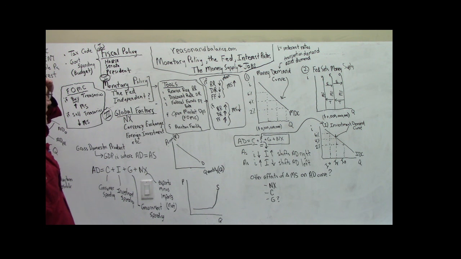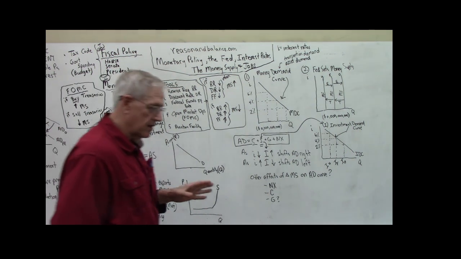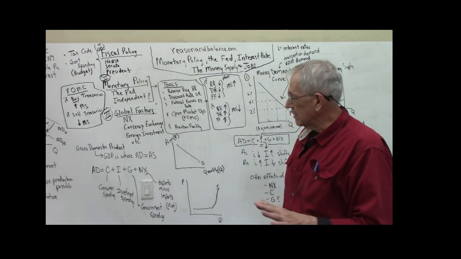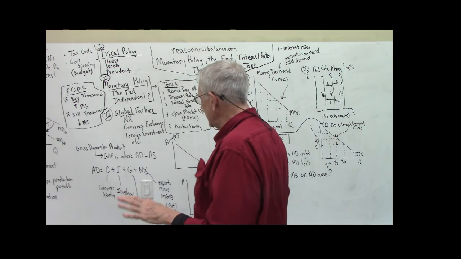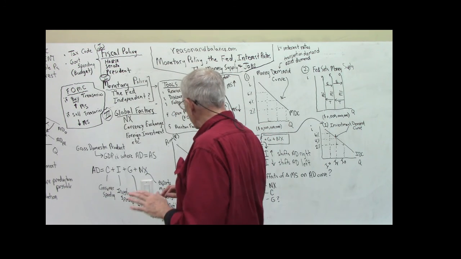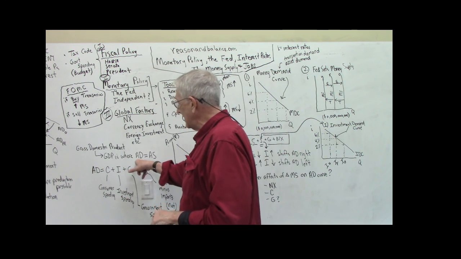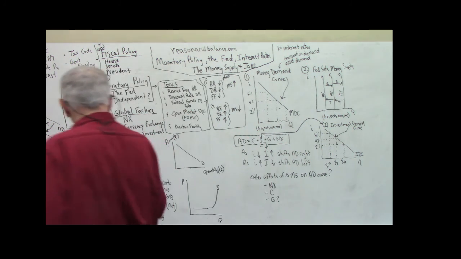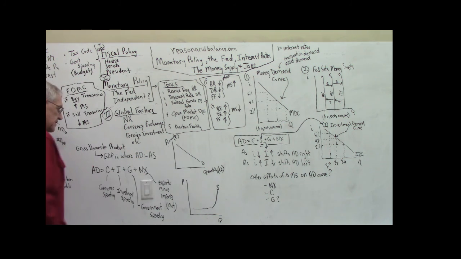Okay. We learned last time that gross domestic product, that's the health of the economy, all the goods and services produced by the American economy, is at that place where aggregate demand, AD, equals aggregate supply.